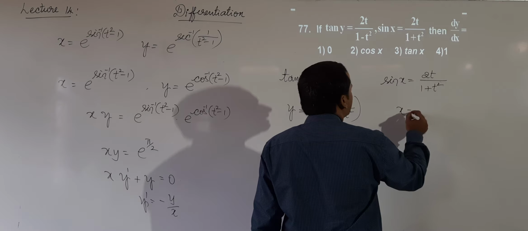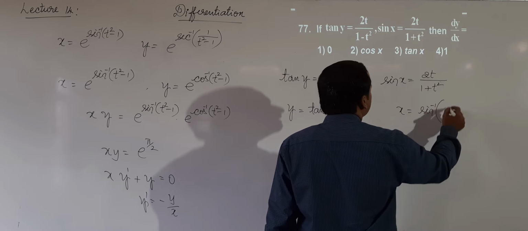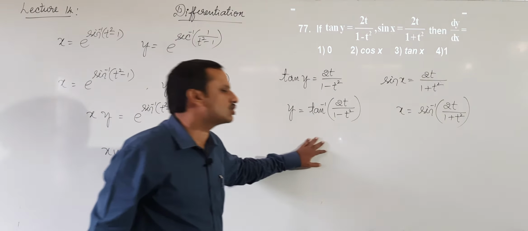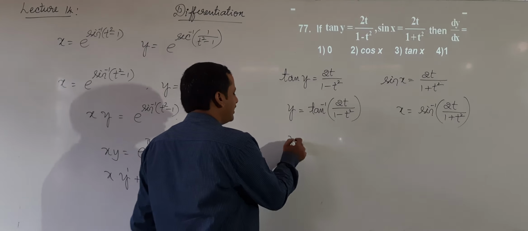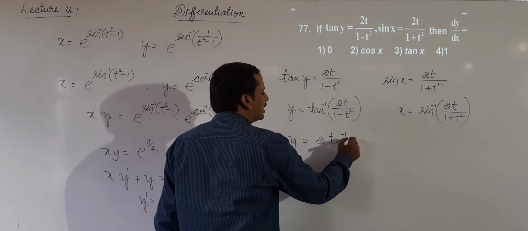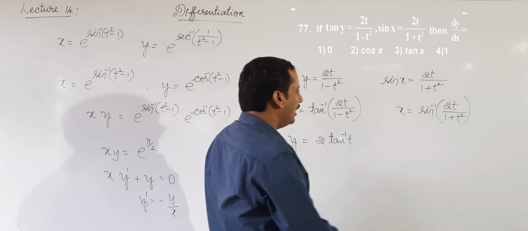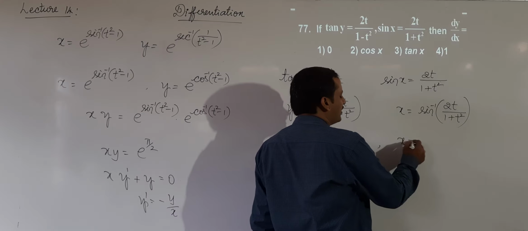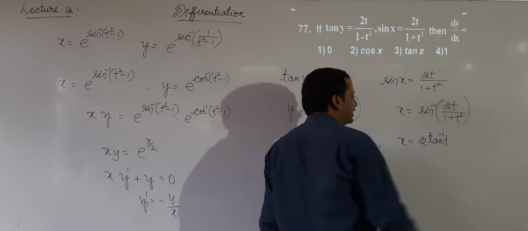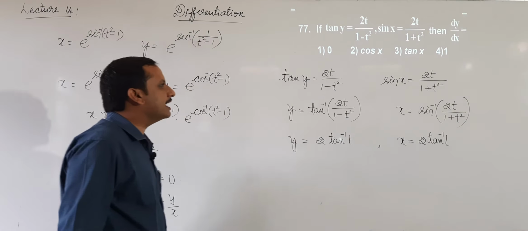From here we can write x is equal to sin inverse of 2t by 1 plus t square. y is tan inverse 2t by 1 minus t square. Tan inverse 2t by 1 minus t square is nothing but 2 tan inverse t. And sin inverse of 2t by 1 plus t square is also equal to 2 tan inverse t. Now both are equal to 2 tan inverse t.